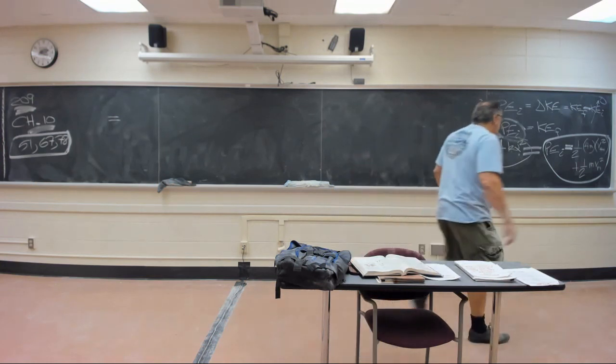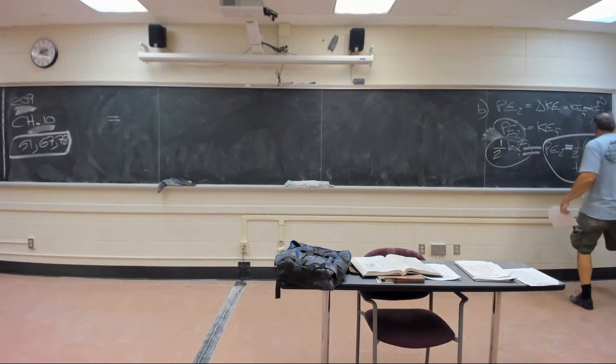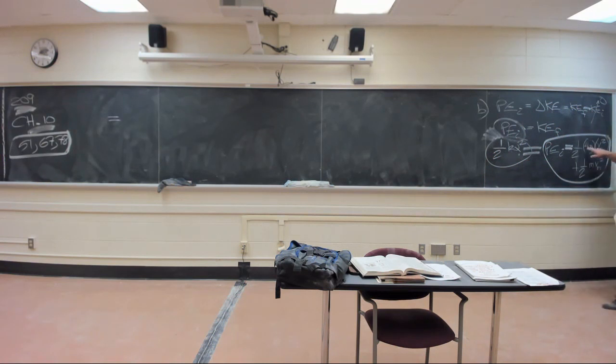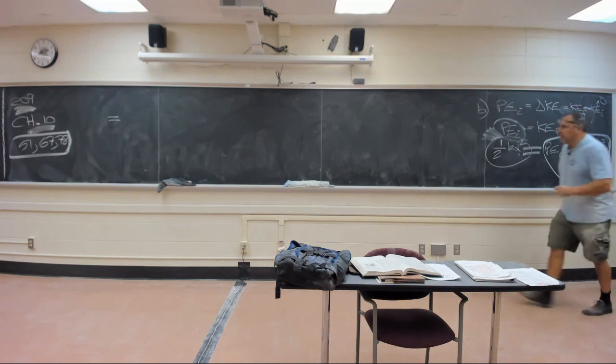If this guy's 1 kilogram, this guy's 4 times 1 kilogram, which is 4 kilograms. The quantity negative 2.5 squared is 6.25. The quantity 10 squared is 100. That's all you're doing. You're plugging in the numbers, guys.